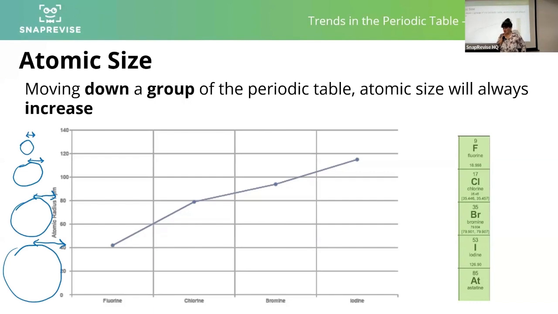Why is this then? As you go down a group, why is there increasing size? Have a think. I will just say, again, one of the things that makes memorizing or recalling some of this content hard is because lots of places will show you all of the trends in terms of increasing.